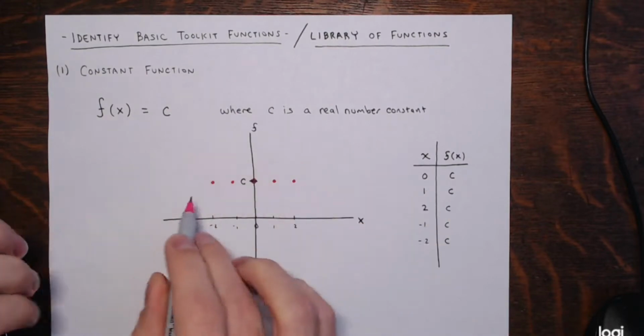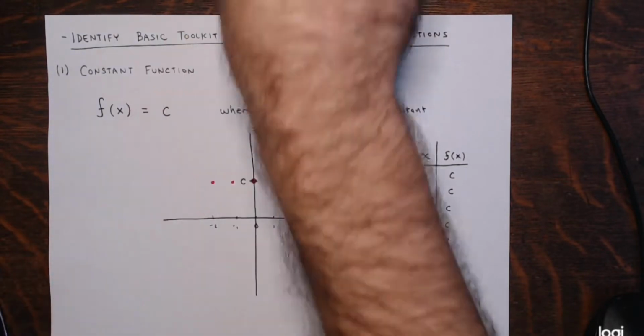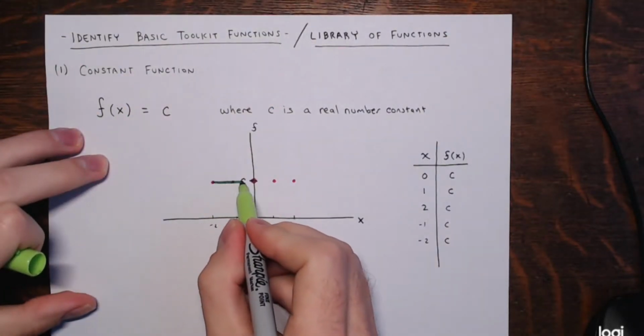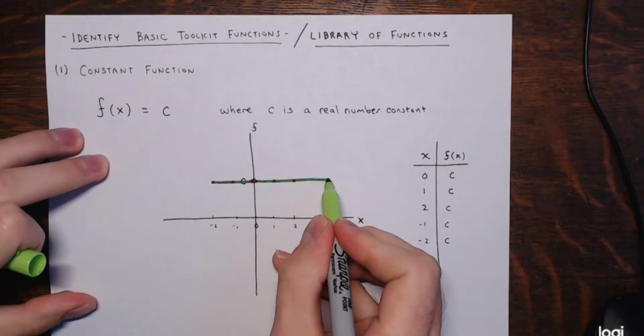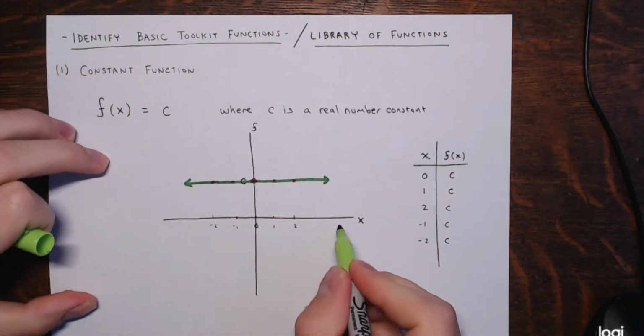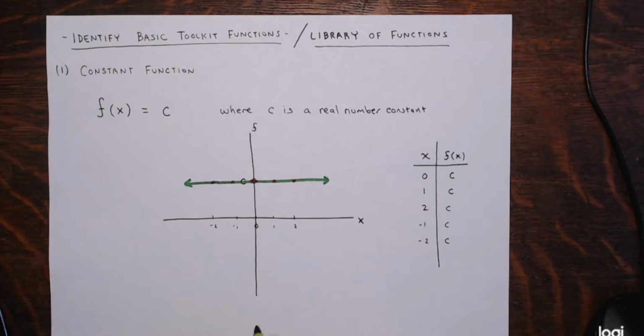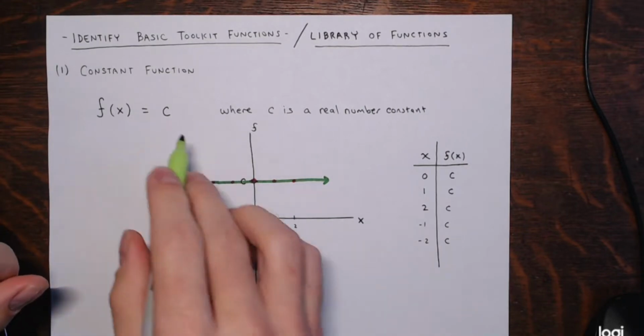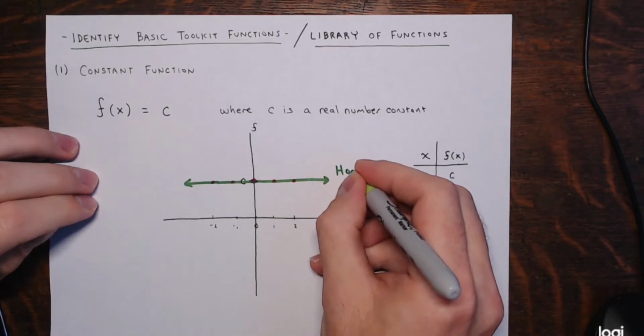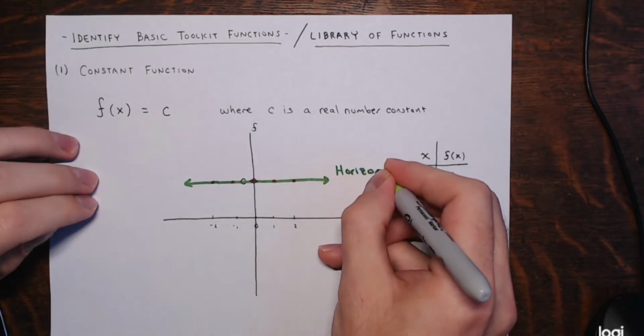And all these points fall on a line, and it is a line that is horizontal. It's parallel to the x-axis, or the x-axis itself if c is 0. But yeah, it's a horizontal line. That's the graph of these constant functions.